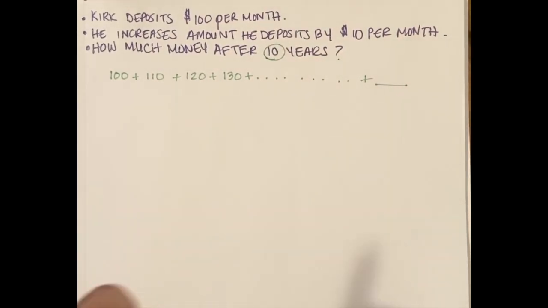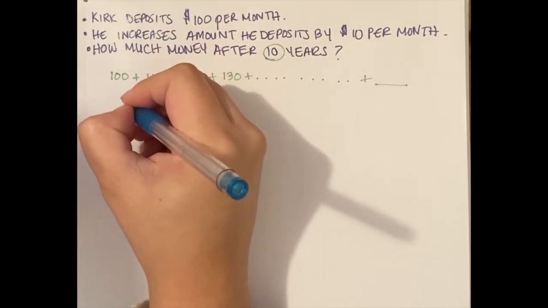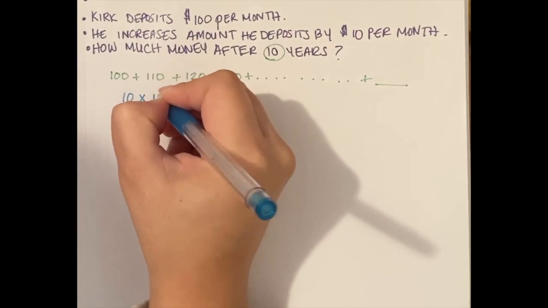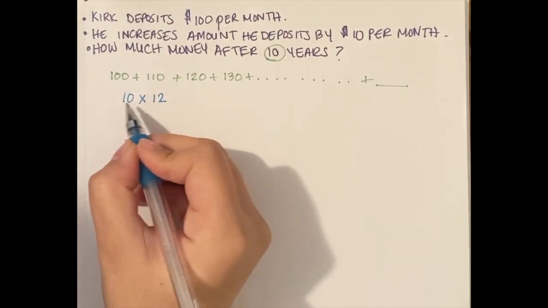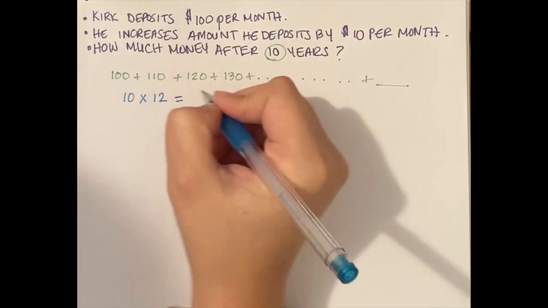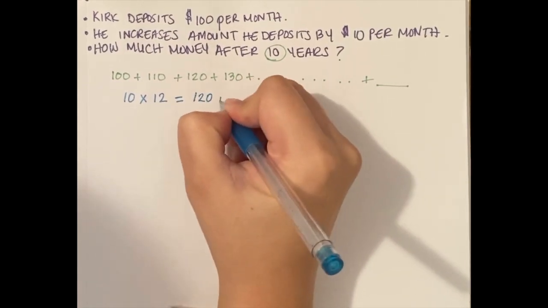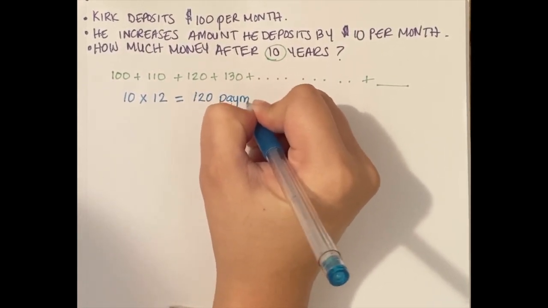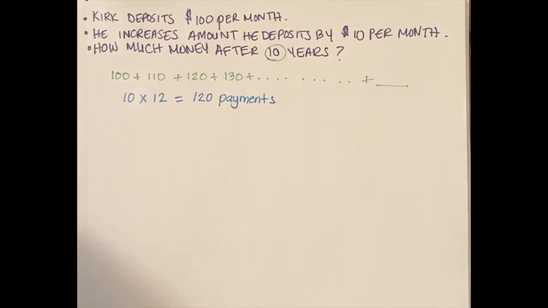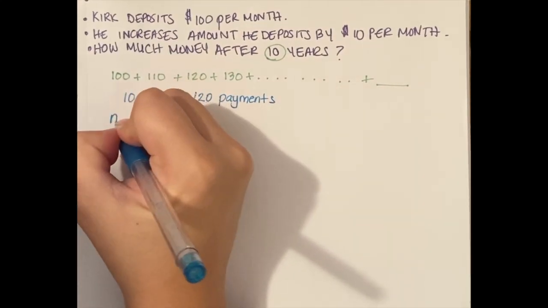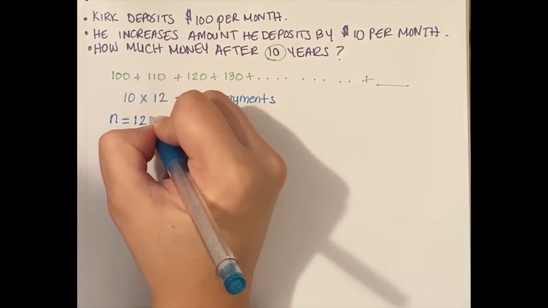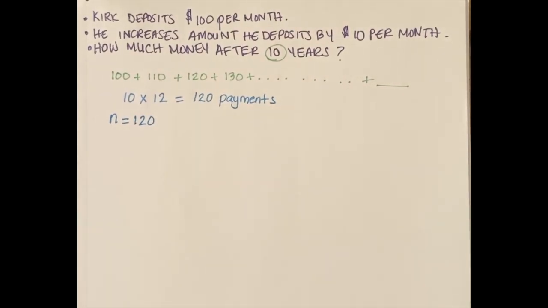So one thing we need to remember is that if it's 10 years and he's putting in money monthly, then since there's 12 months in a year, he's putting in 120 payments. That right there tells us our term number. Our term number is 120.